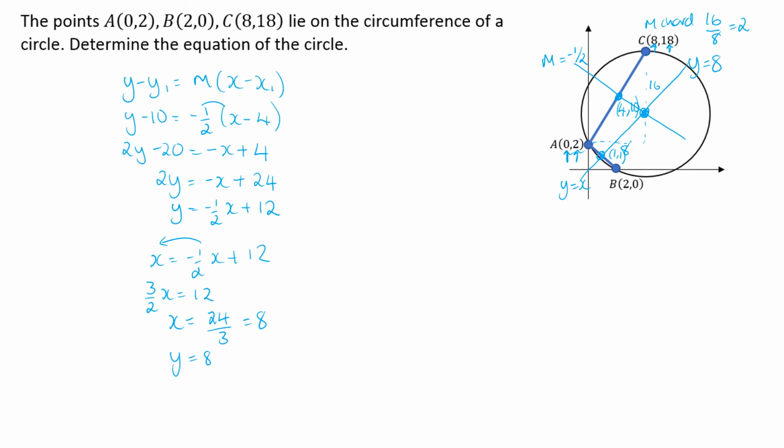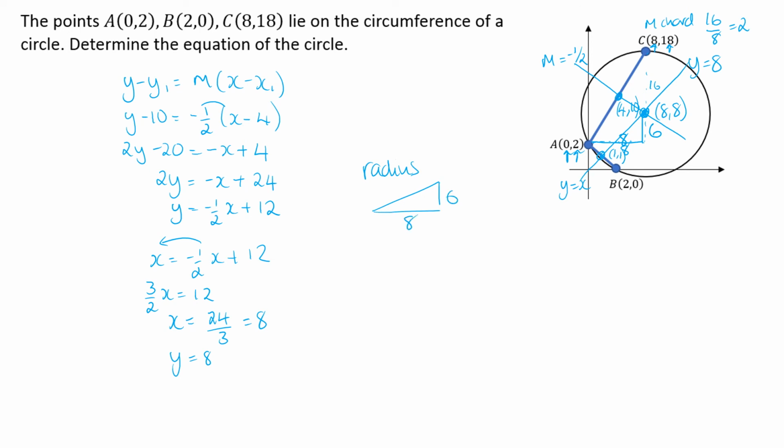Now all we need to do is work out what the radius is going to be. So going from one of the points on the circumference to this point, which is going to be here, the center, 8,8. From 0 to 8, I can see that's 8 along, and from 2 to 8, that's going to be 6 up. So the radius is just using Pythagoras on that triangle that's going to be 8 and 6.